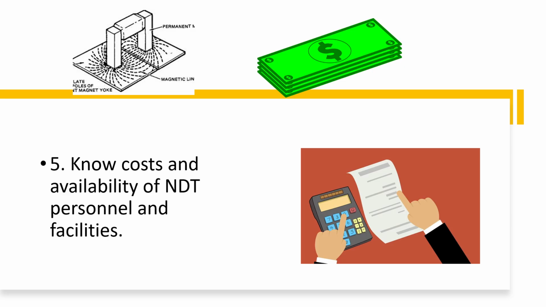Maybe it's something that's just cheap, something like dye penetrant testing, where we can do it with spray cans. Maybe that's an acceptable way, and the personnel to do that are readily available. Or maybe it's the other end of the spectrum, where we've got to really find some specialized personnel and or facilities to deal with this.